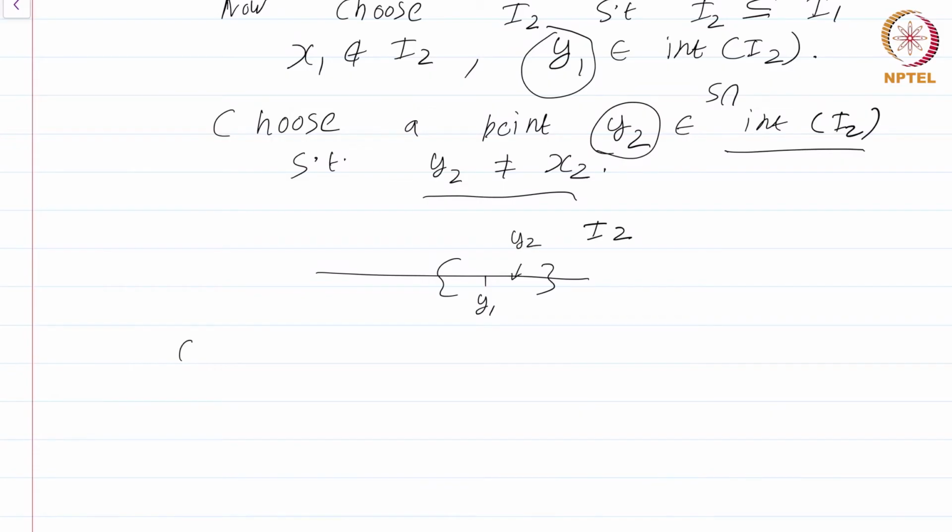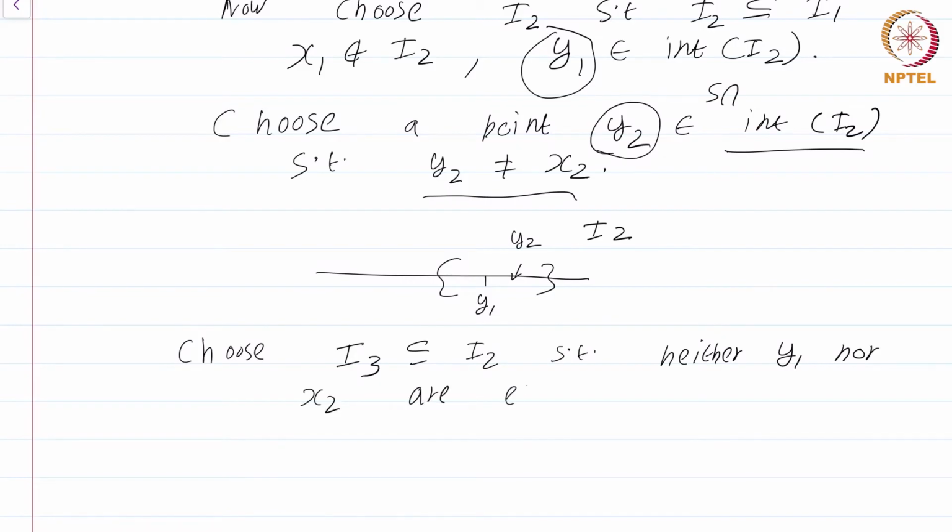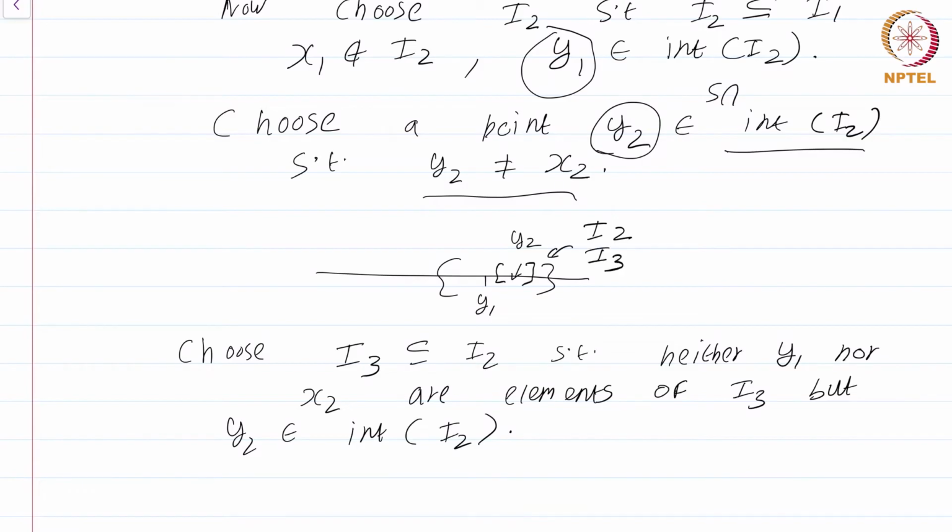Now as you can guess, we are going to choose I3, a subset of I2, such that neither y1 nor x2 are elements of I3, but y2 is in the interior of I3.